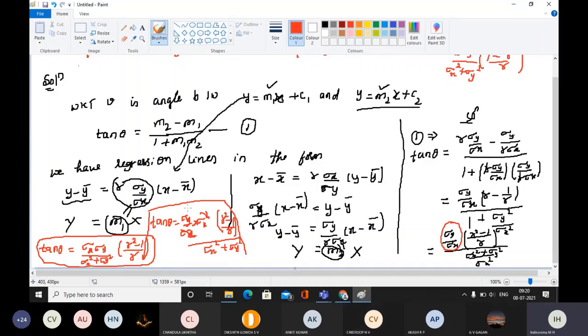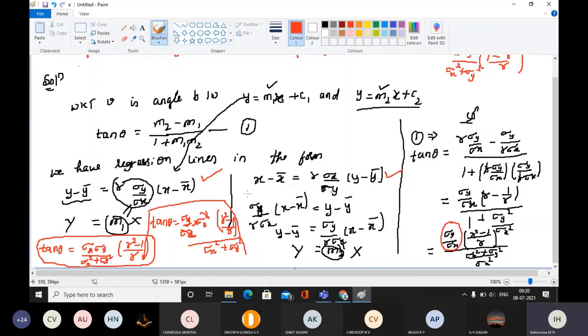Okay, we have regression lines in this form also, right? y minus y bar is equal to r into sigma y by sigma x into x minus x bar. We use this form also in the problems, right? And this is the second regression line, x minus x bar is equal to r into sigma x by sigma y, y minus y bar.